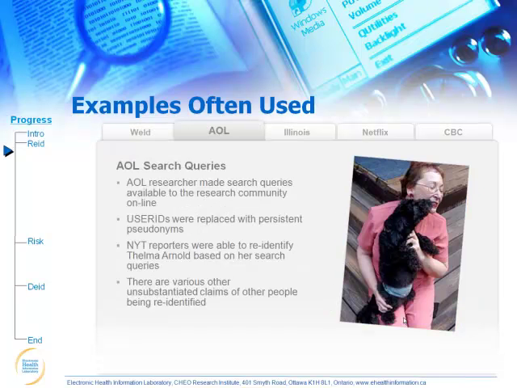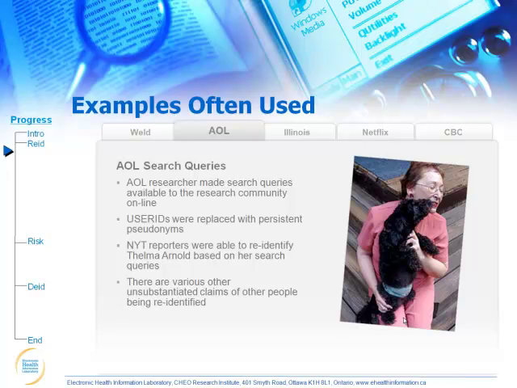The second example is AOL. And again, this is an often cited example. Here, AOL, or a researcher at AOL, released a large database of search queries of AOL customers and posted it on the web.